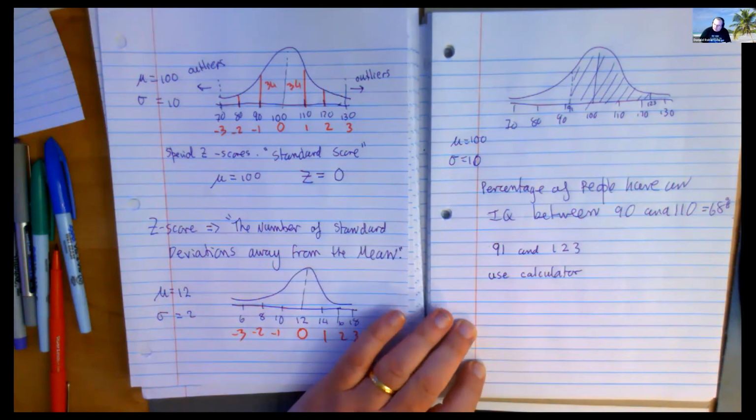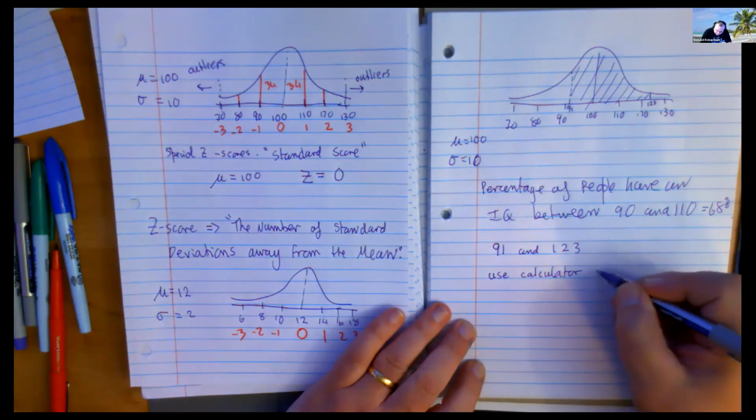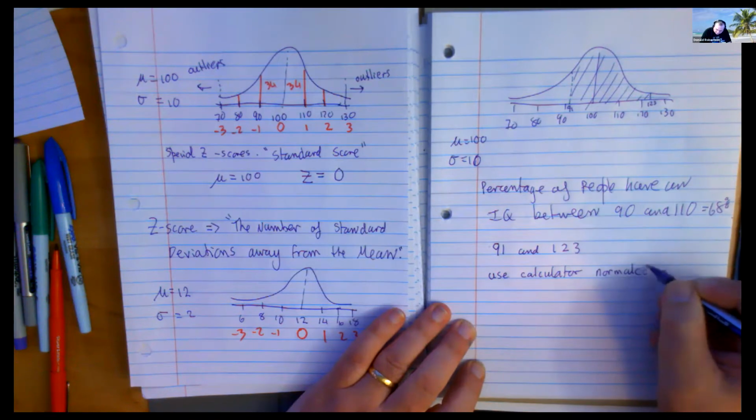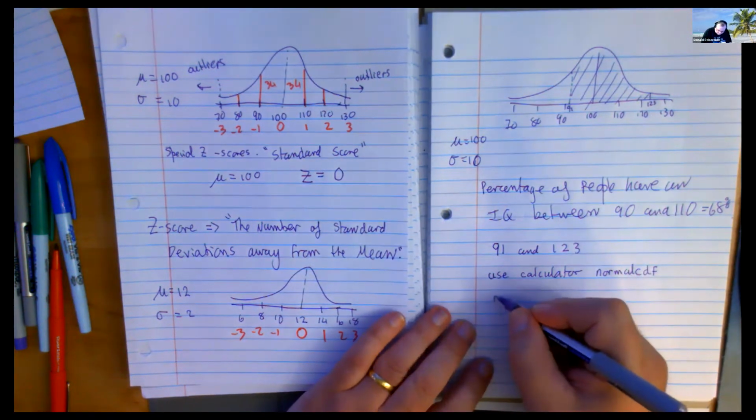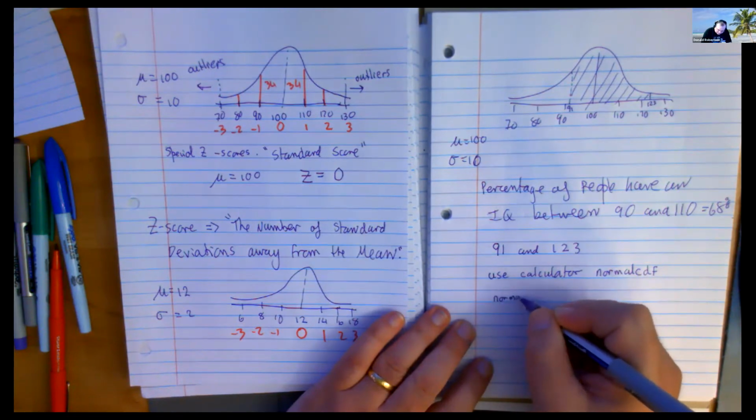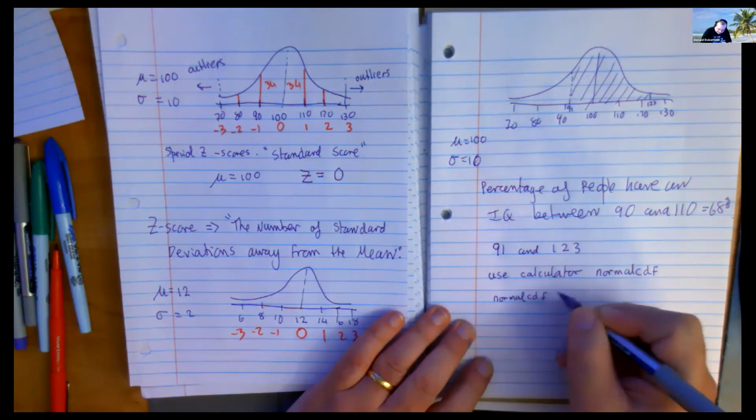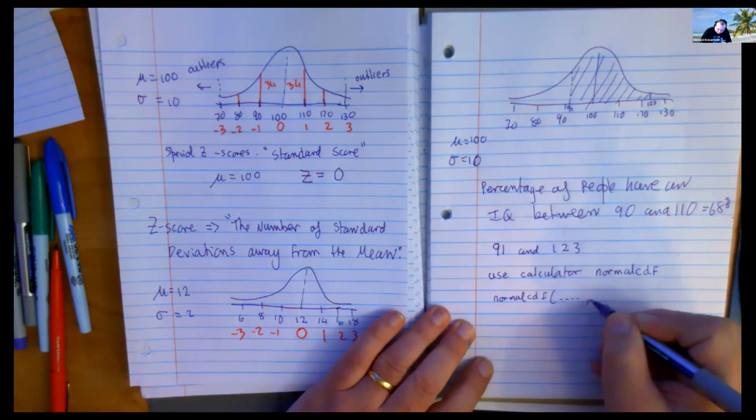So let's use the calculator. How are we going to do it? We are going to use a function called Normal CDF. And this thing called Normal CDF has 4 numbers.